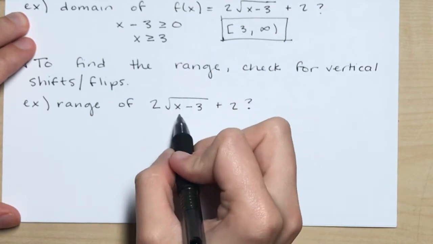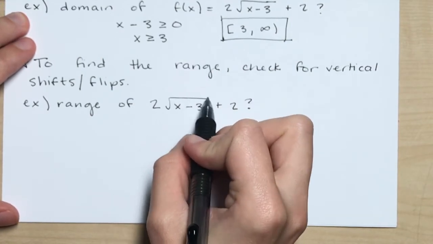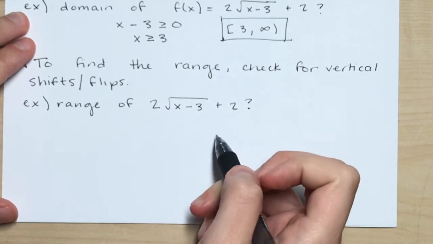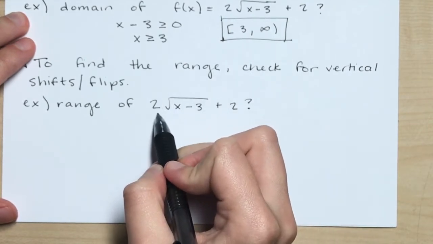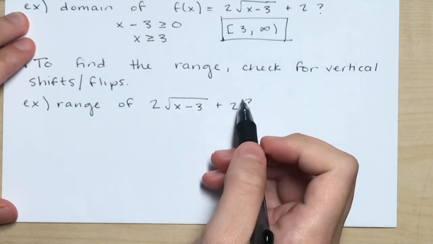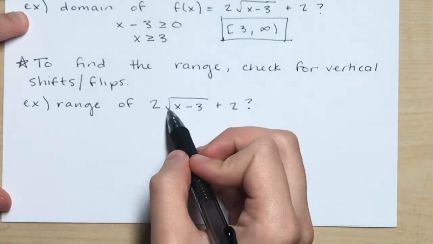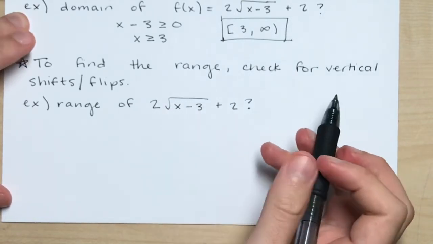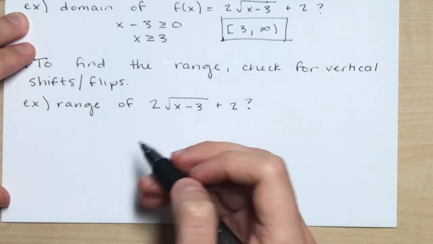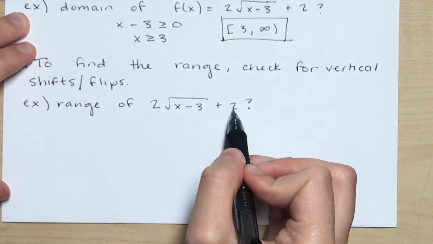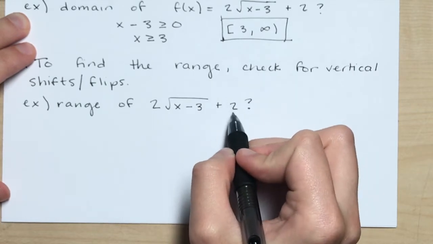So if I look back at these range questions, let's look at this one. So we have 0 to infinity, we're starting with a square root function. The inside stuff we've already determined doesn't tell me anything. We have a stretch of 2. Again, that 2 is not going to affect anything. We're not changing our range from being 0 to infinity to being 0 to 2 times infinity, right? That doesn't make sense. 2 times infinity is still infinity. So the only thing here that's going to make a difference for us is this plus 2, right?